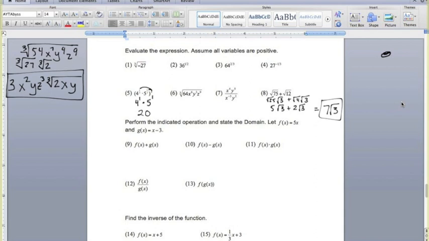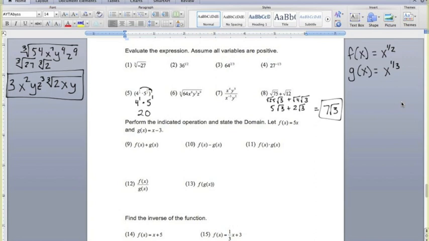Okay, the next types of problems that I want to look at are similar to that next group of problems, but I want to use some different functions that are a little bit messier. So I'm going to use function f as x to the 1/2 and g as x to the 1/3. Wait, are we doing any of these?